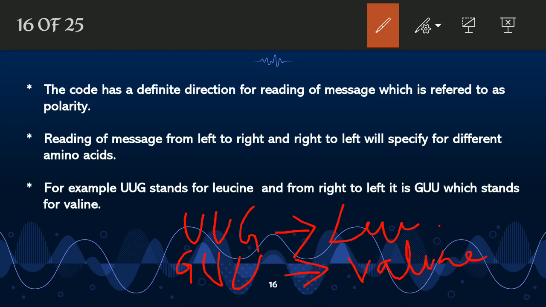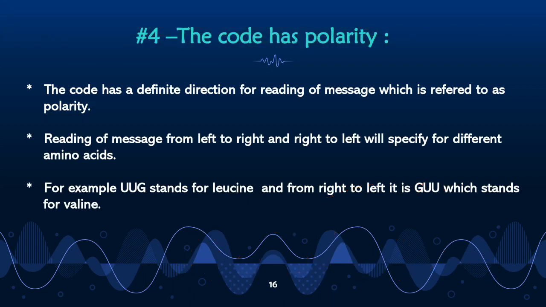So we see that when the codon is read from right to left and left to right, we actually get two different amino acids. So it is really important to read the genetic code in one particular direction, that is 5' to 3'.